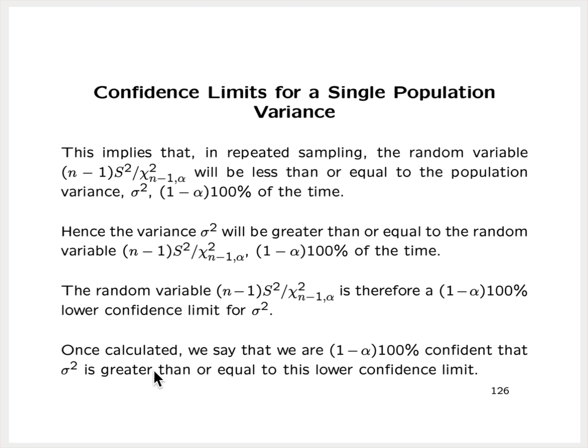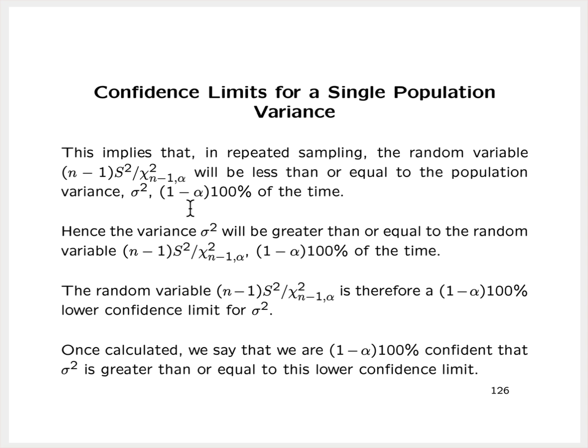And so we can interpret this in terms of relative frequency probability, which would imply that in repeated sampling, the random variable given by this expression, again, n minus 1 times the unbiased version of the sample variance divided by the upper alpha percentage point of a chi-square distribution with n minus 1 degrees of freedom, will be less than or equal to the population variance sigma squared 1 minus alpha times 100% of the time.